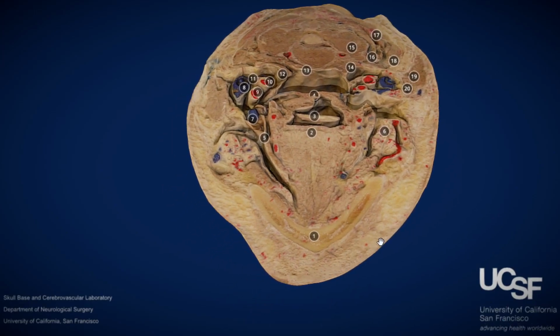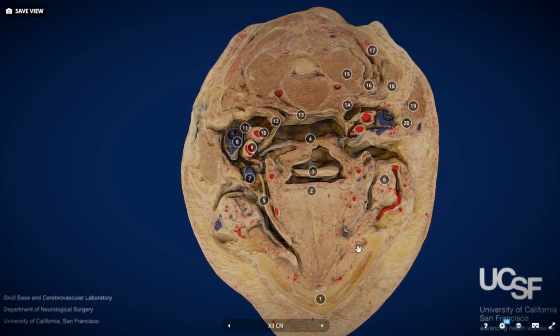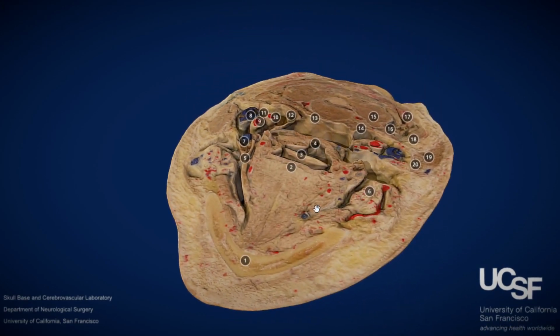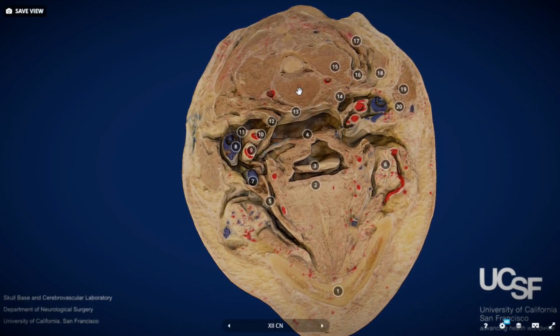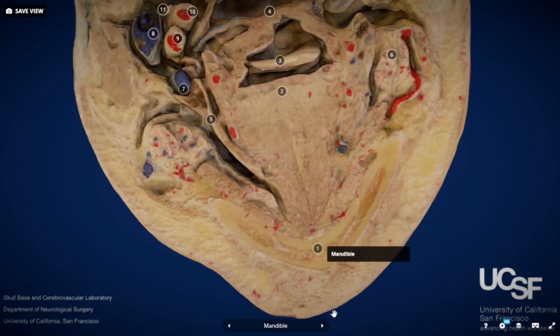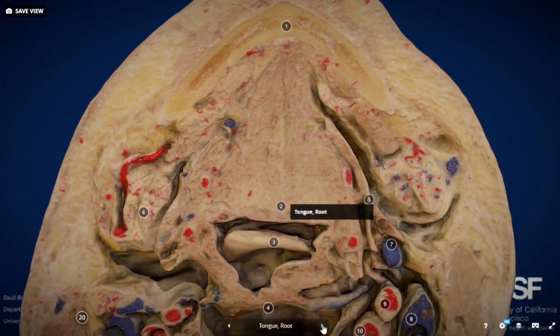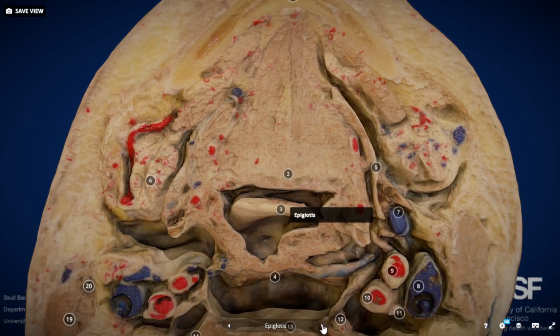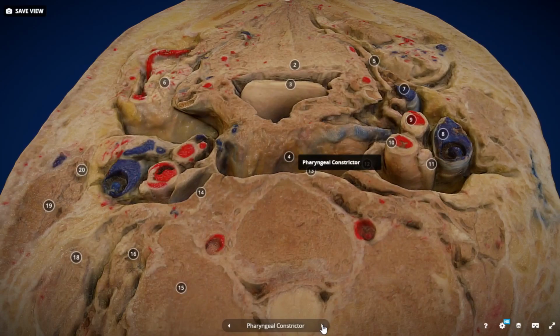So let's explore quickly an actual cut at the upper subaxial level, meaning what we're seeing here is the body of C7. It's going to start with identifying structures anteriorly, starting with the mandible, moving posteriorly to the root of the tongue, the epiglottis, and the pharyngeal constrictor.